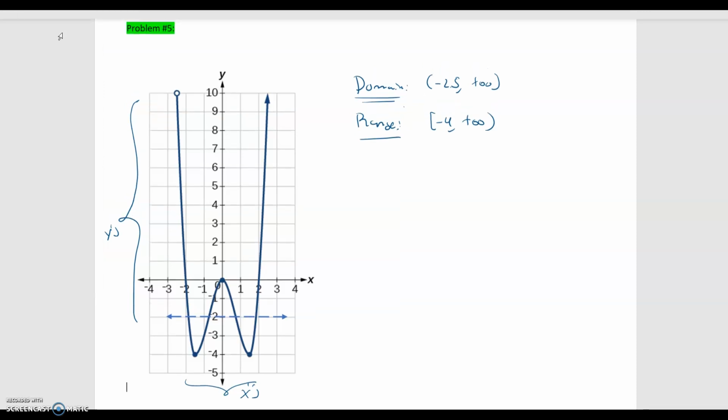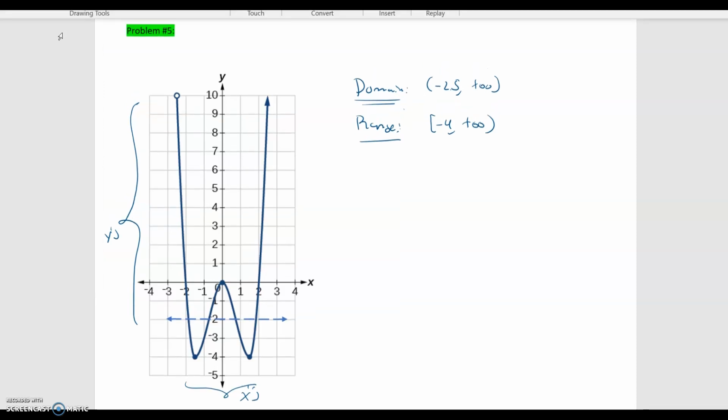So for the 1-to-1, only 2 values are sufficient to show that it's not 1-to-1. This one, if you place your horizontal line here, we can find more than 2. So you would say on the 1-to-1 portion that no.